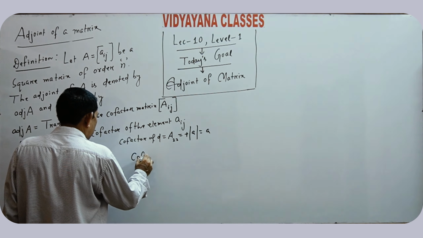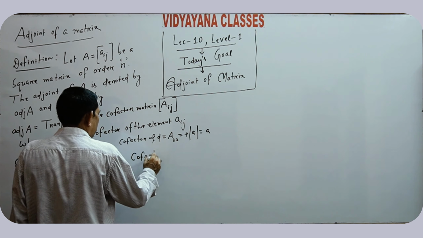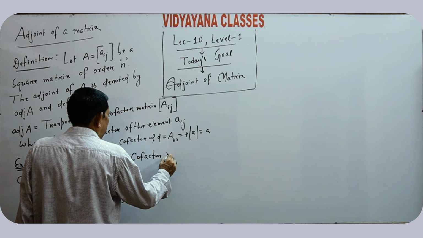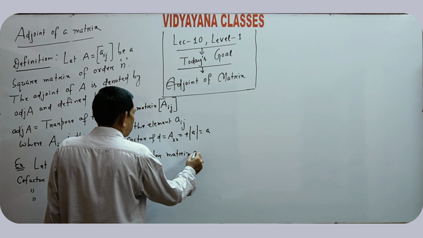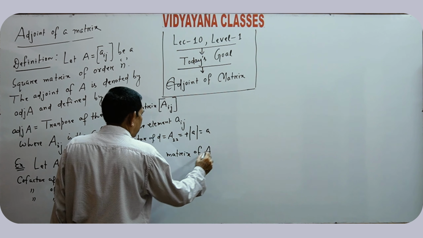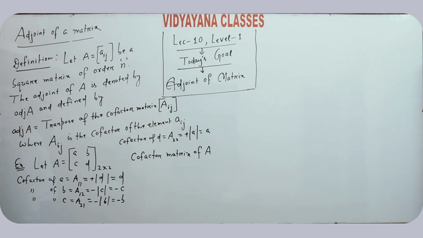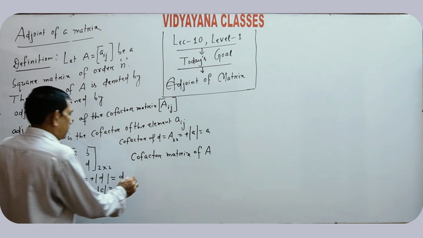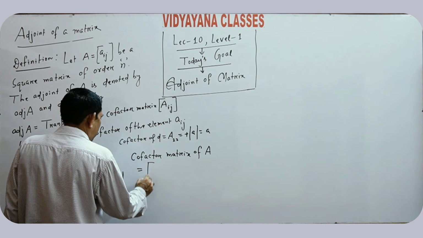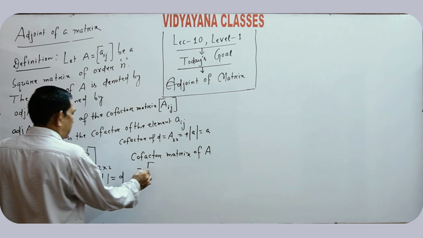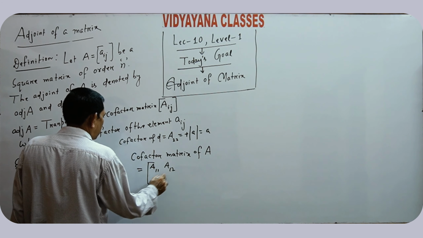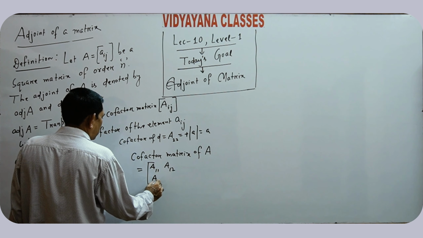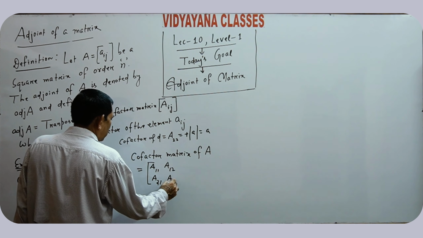Cofactor matrix of the matrix capital A. Cofactor matrix of capital A is the matrix having elements capital A11, capital A12, capital A21, capital A22.